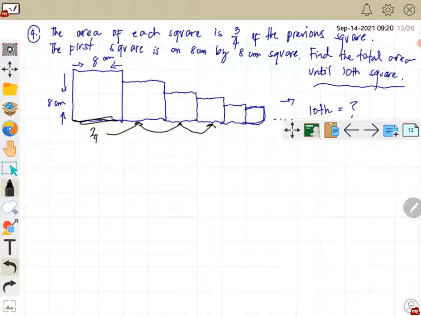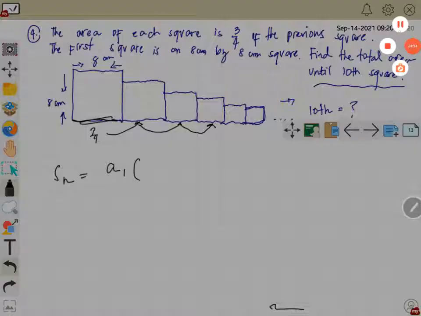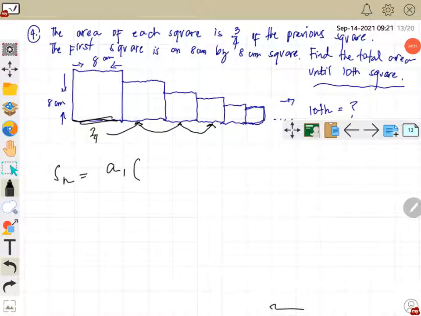So how do you do that? We're going to find s sub n equals a sub 1 times, what's the formula again? One minus r raised to n all over 1 minus r.